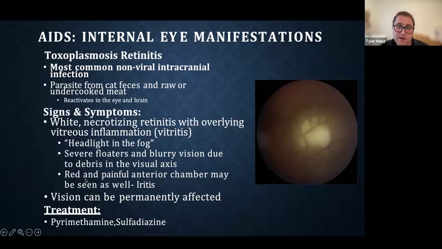Now, you may see a red and painful anterior chamber, which we will cover at some point in our next lecture, is going to be called iritis. But iritis is not always needed to be there, but iritis is just exactly what this bullet is, a red and painful anterior chamber, a little bit of an inflammatory response. Of course, your toxoplasmosis can permanently affect the vision. Our treatment is going to be the pyrimethamine and sulfadiazine.